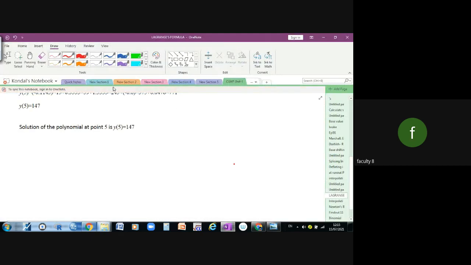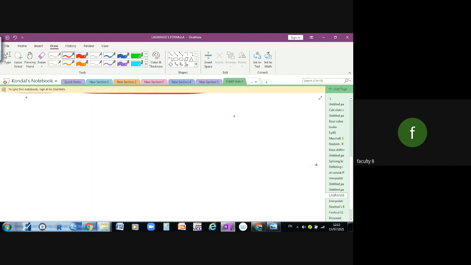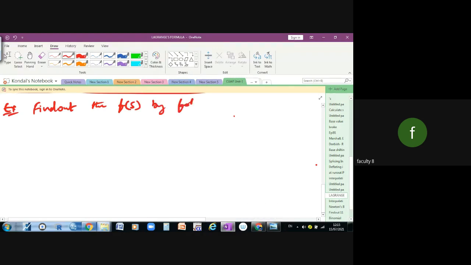You can write the question as an example: find f of 5 by following the data, x value and f of x, where x is equal to 5. So the data looks like this.